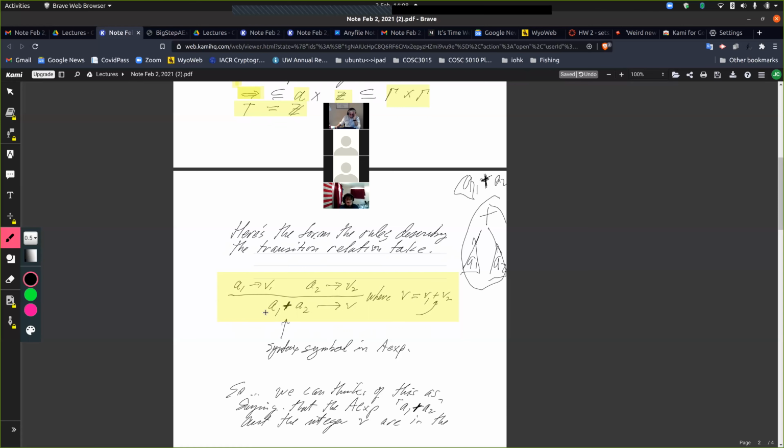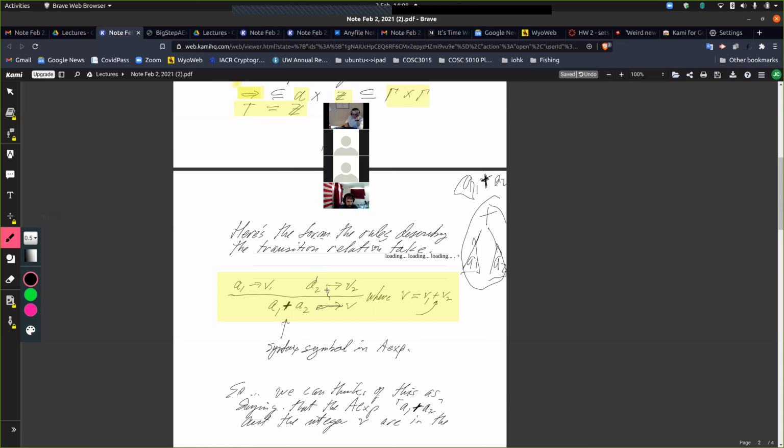And so we want to be able to say, okay, A1 plus A2, and he's doing the big step here, he uses a kind of double arrow.